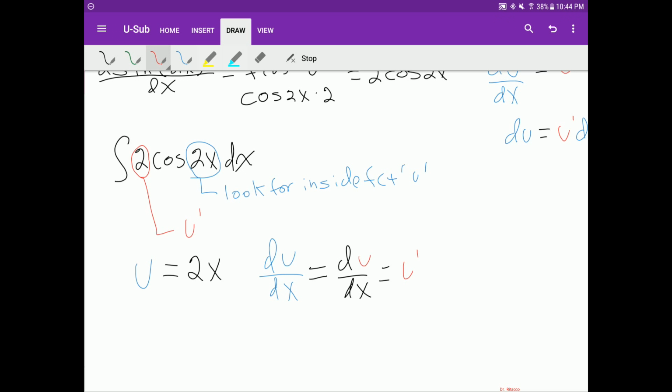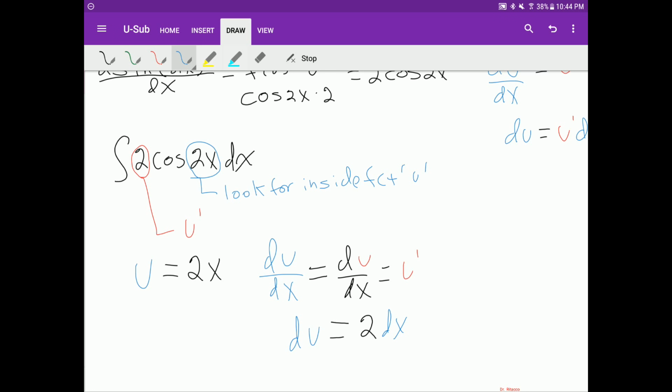Well, what is our du dx? The derivative of 2x is just 2. So when we rewrite, du is equal to 2 dx.